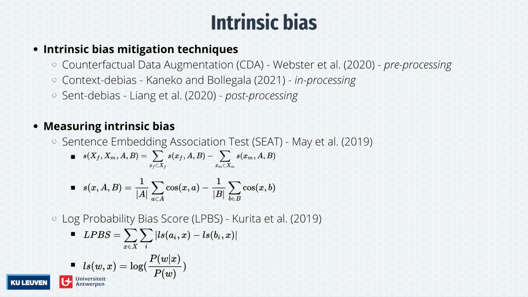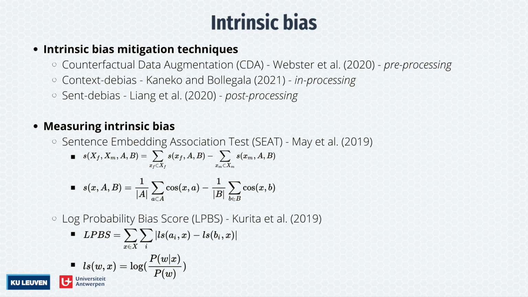And then to measure intrinsic biases, there are quite a lot of options. And here we try to focus on two options. So first, the sentence embedding association test, or SEAT for short, which basically tries to measure if there are associations between words of a specific gender. For instance, homemaker and women and computer programmer and men.